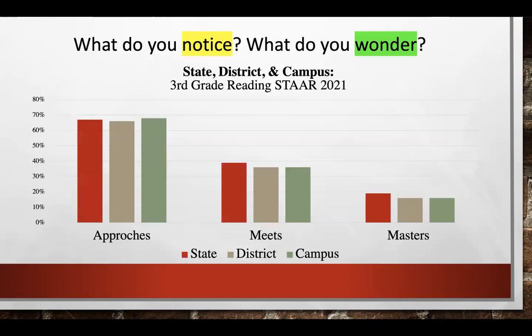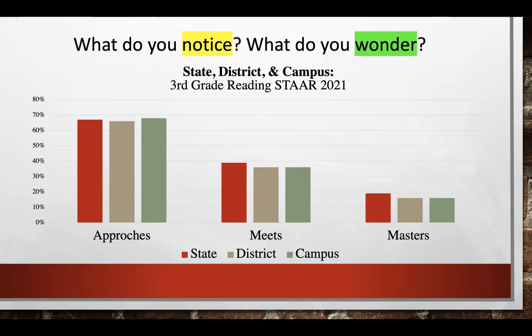Okay, so as for data, right here I have the third grade reading STAAR scores for the year of 2021. Currently in the campus, there is a struggle for reading. There's an achievement gap in reading because of the loss of instruction due to the pandemic. Here I have the data organized from the results for state, district, and campus with the three brackets, which are approaches, meets, and masters.